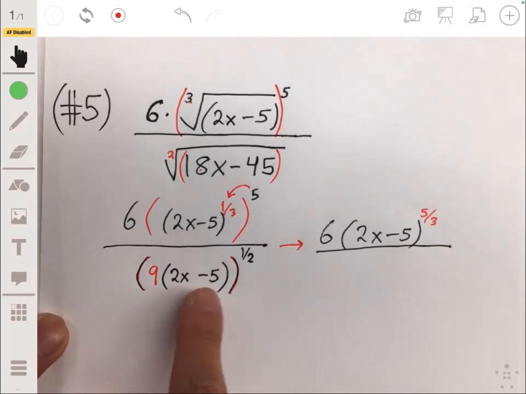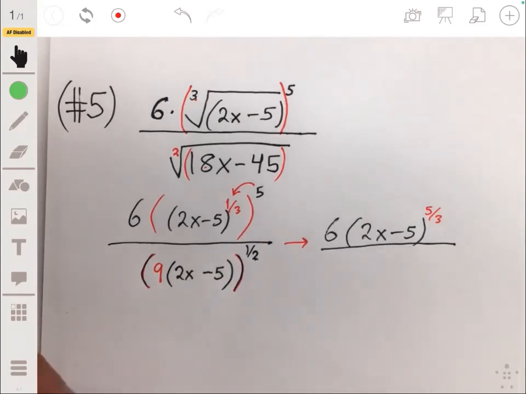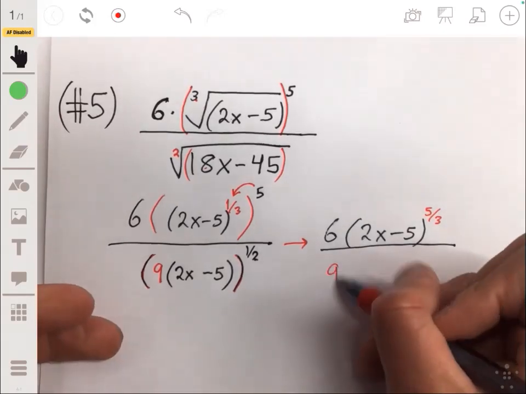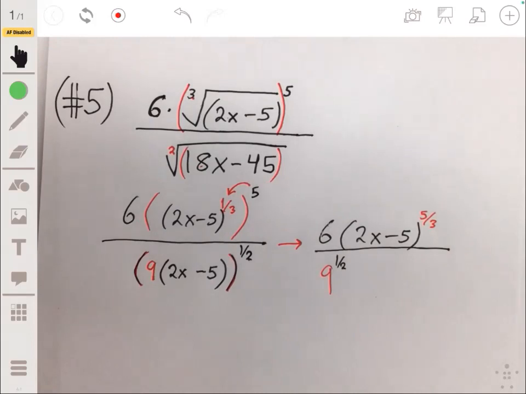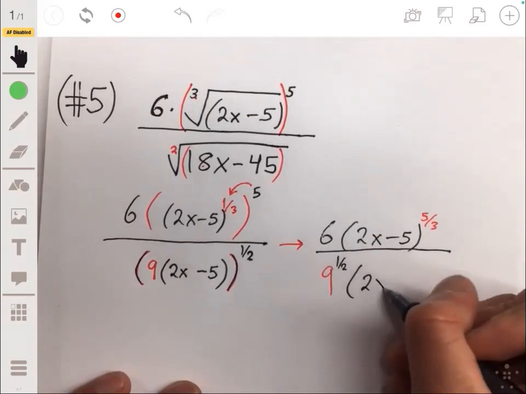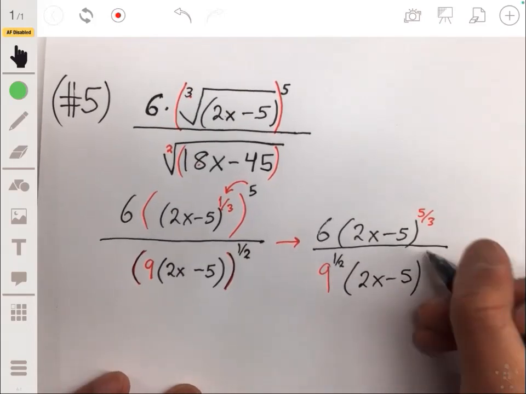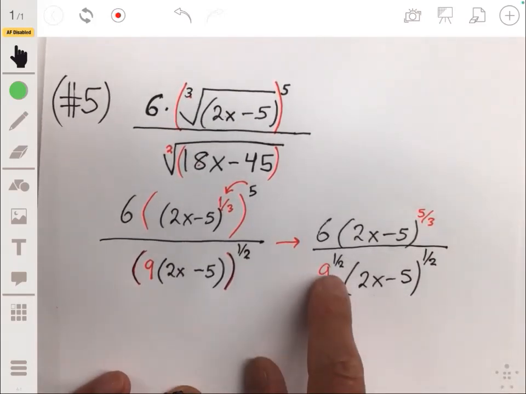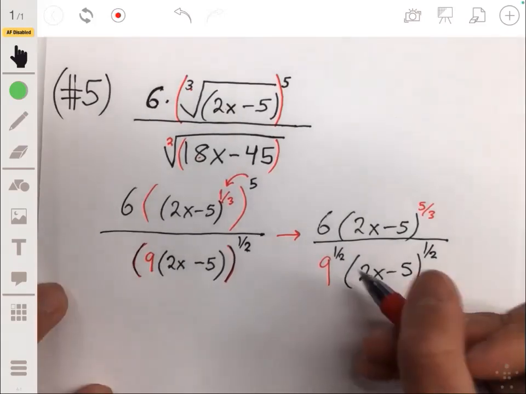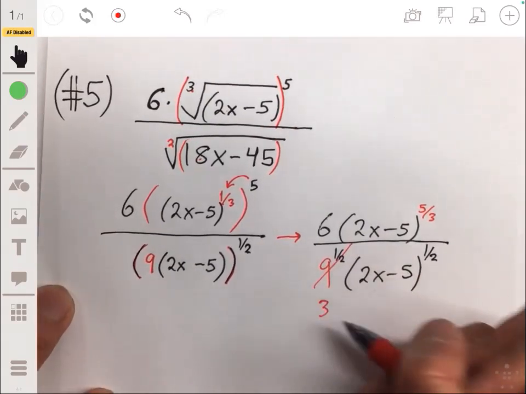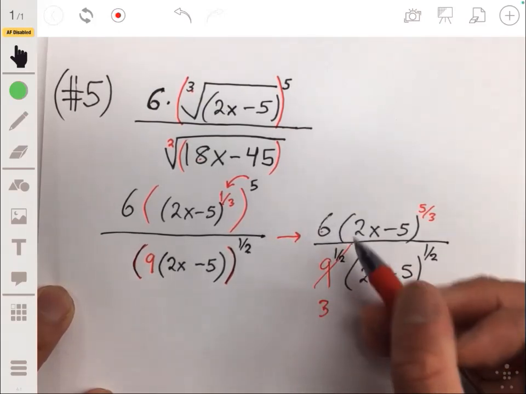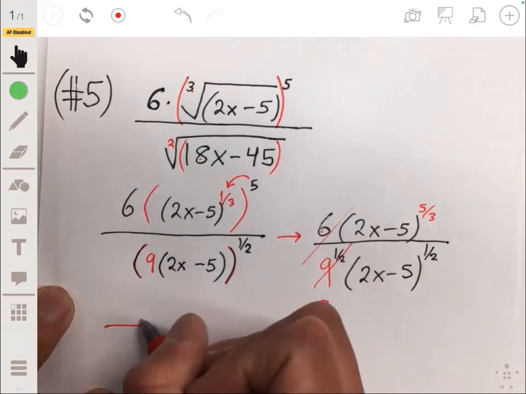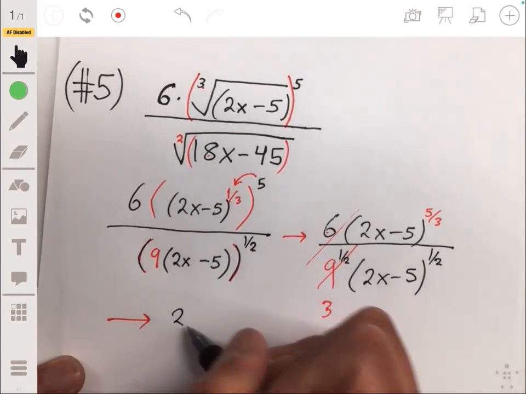And what you're essentially doing is you're having 9 to the 1/2 power times 2x minus 5 to the 1/2 power. And 9 to the 1/2 power is just the square root of 9, or just 3, because 3 times 3 is 9. So what you have as your leading coefficient is 6/3, which is just 2.